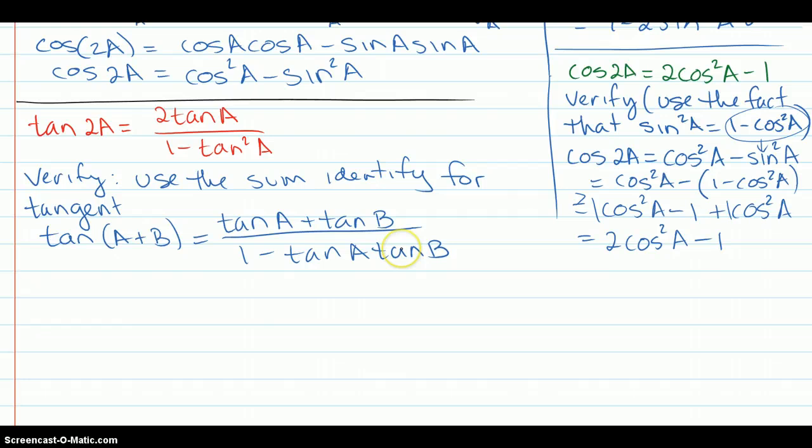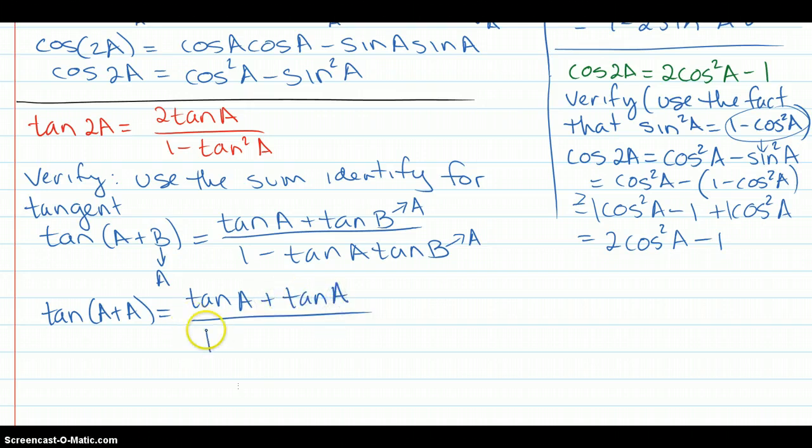I'm going to do it the same way as the others, replacing everywhere there's a b with an a. So we have tangent of a plus a, which is equal to tangent of 2a, and that is equal to tangent of a plus another tangent of a, all over 1 minus tan a tan a.